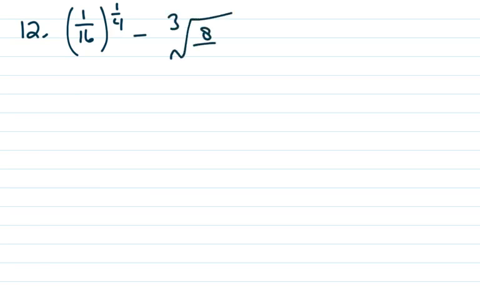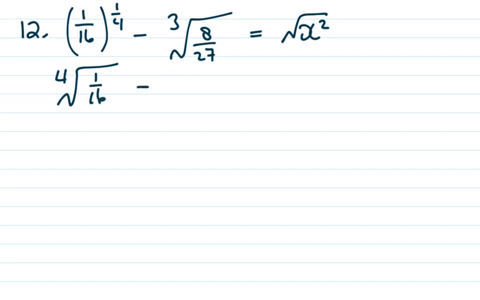And number 12, 1 over 16 to the power of 1/4 minus the third root of 8 over 27 equals the square root of x squared. So 1/16 to the power of 1/4 is the same as the fourth root of 1 over 16 minus the cubed root of 8 over 27.